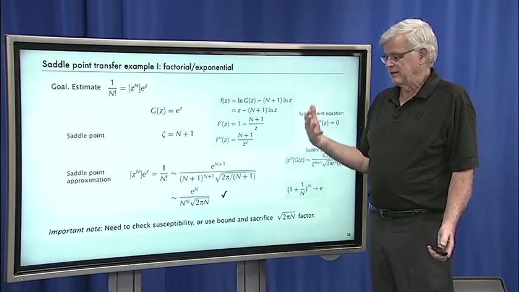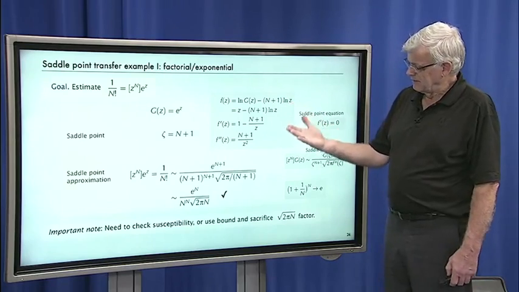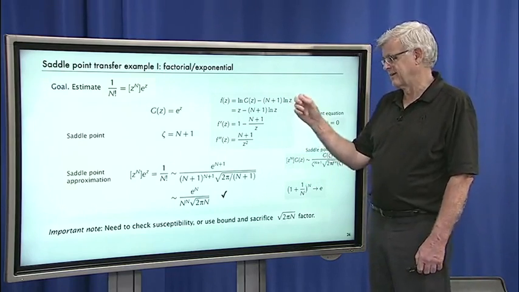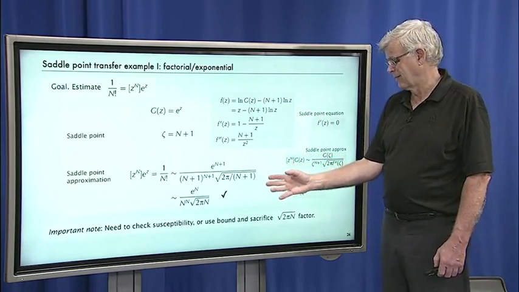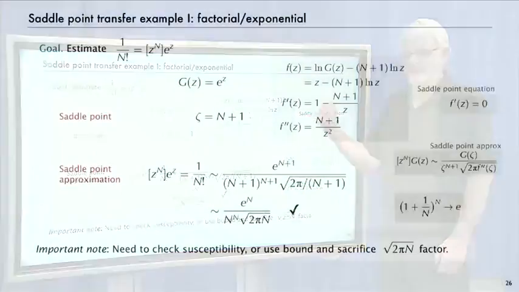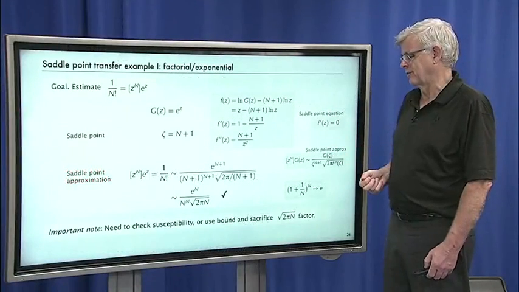So the choice that we always have when using saddle point is you can do all the detailed calculations to check that the integral is susceptible and so forth. Or you always have the option of just using the bound and sacrificing that factor, which certainly in many applications people will choose as an option. It becomes important to get the factor. We can get it, but it takes some work.